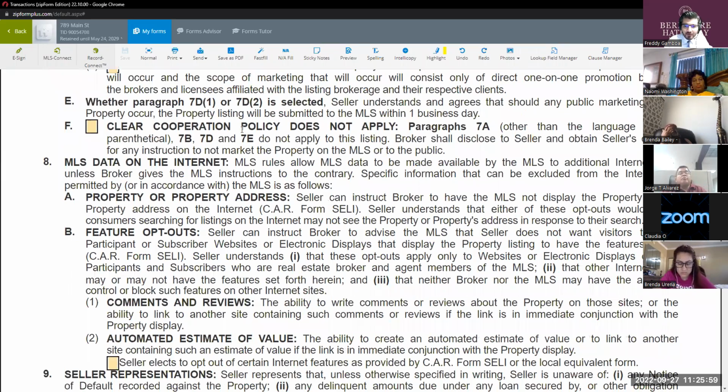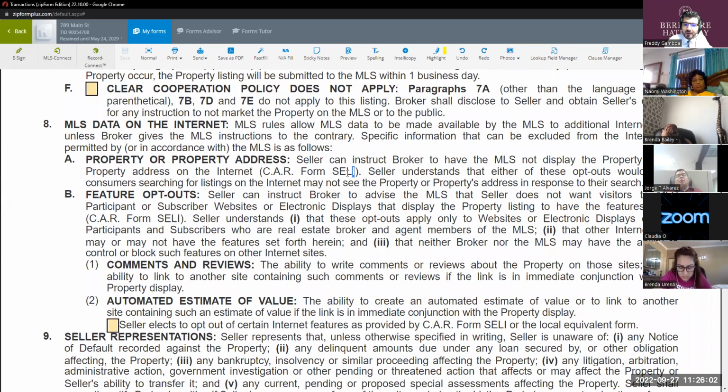Okay. Now, there's another form, CAR form SELI. This form is to exclude it from the internet or from the MLS, right? Now, what is the purpose of the CAR form SELI? Well, the purpose of this form is to exclude certain criteria from the MLS or from the internet.